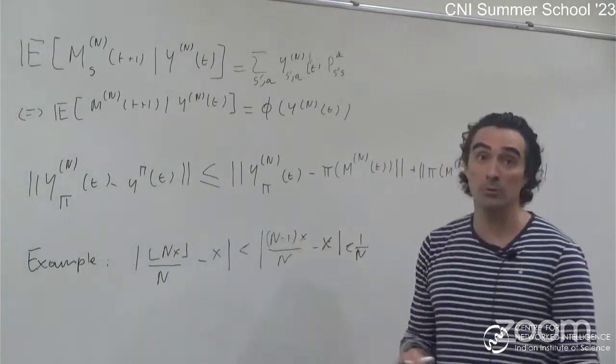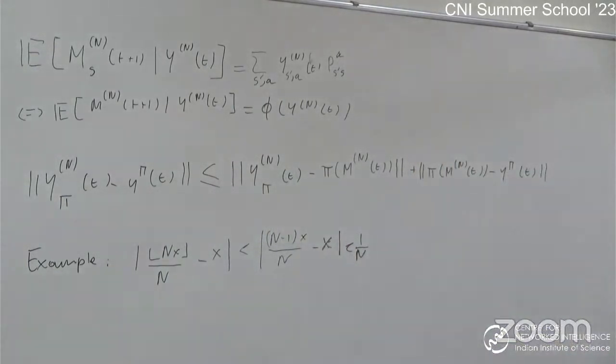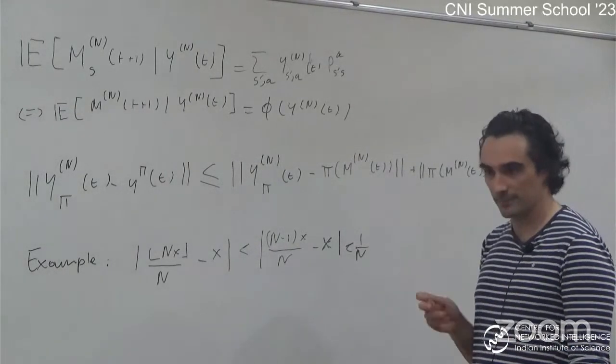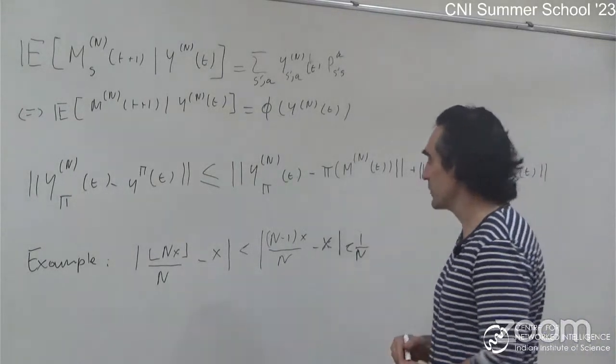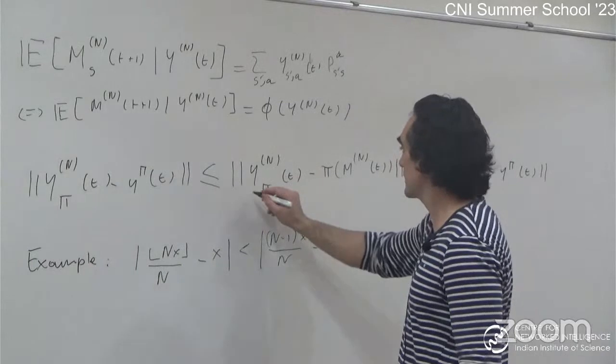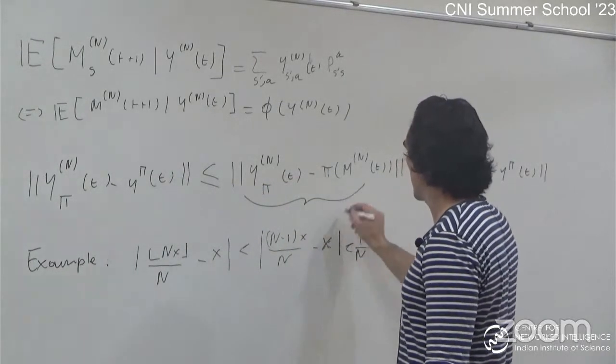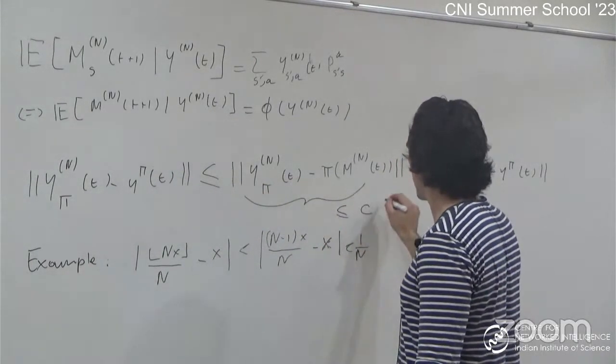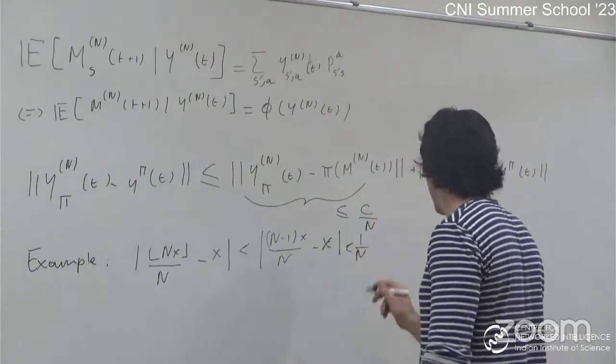So this term can be bounded by some constant multiplied by 1 over n, basically the dimension of the states multiplied by R divided by n. So this gets bounded by a constant divided by n. Really good.